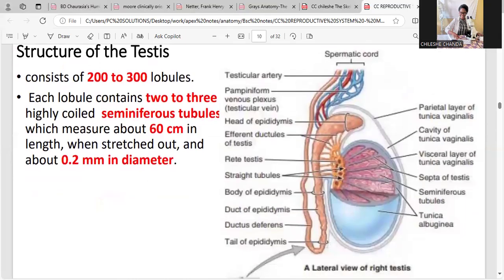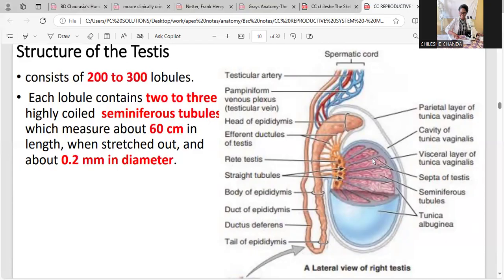Each lobule contains 2 to 3 highly coiled seminiferous tubules, and these tubules can measure up to about 60 centimeters in length when you stretch them out, and about 0.2 millimeters in diameter.